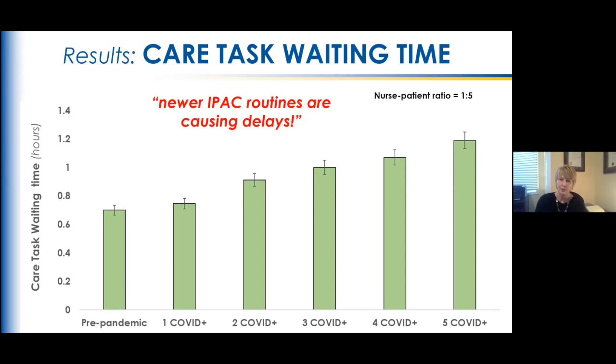Care tasks had to wait from about 0.75 hours to 1.2 hours when attending to COVID positive patients. And this did not include the tasks that were not completed at the end of the 12-hour shifts. So what does this mean? That means that patients are having to wait for care to be provided. And that waiting time increases with the more COVID positive patients that a nurse may have.